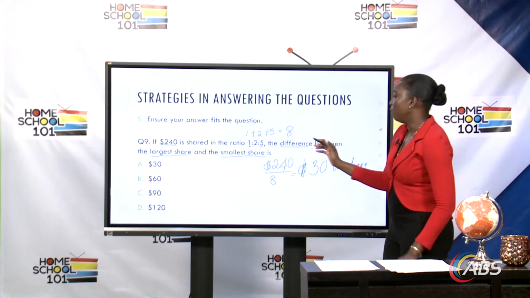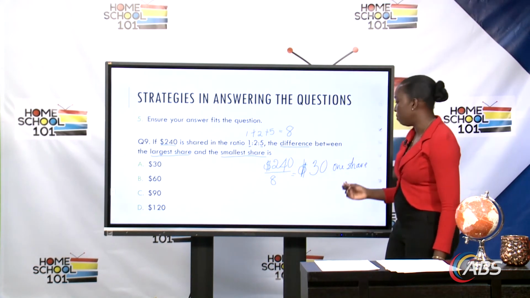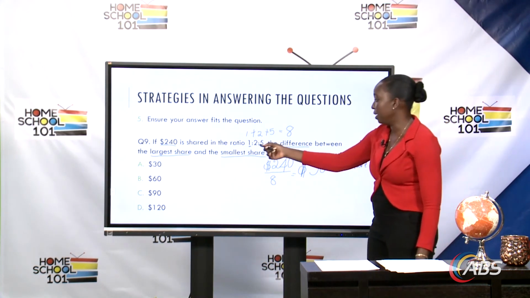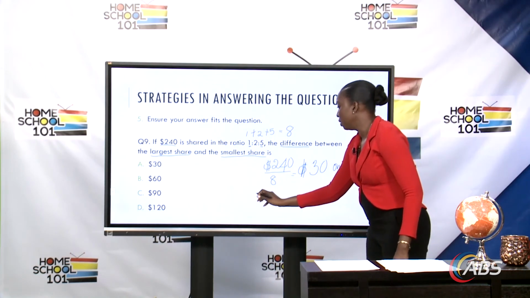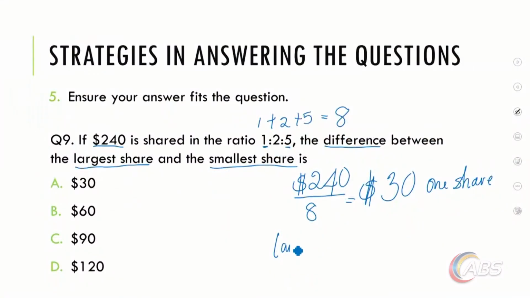Okay? So how are we going to find the largest share? Now that we have 1 share, we can find 2 or 5. So the largest share is simply one part times the shares. $30 times 5.